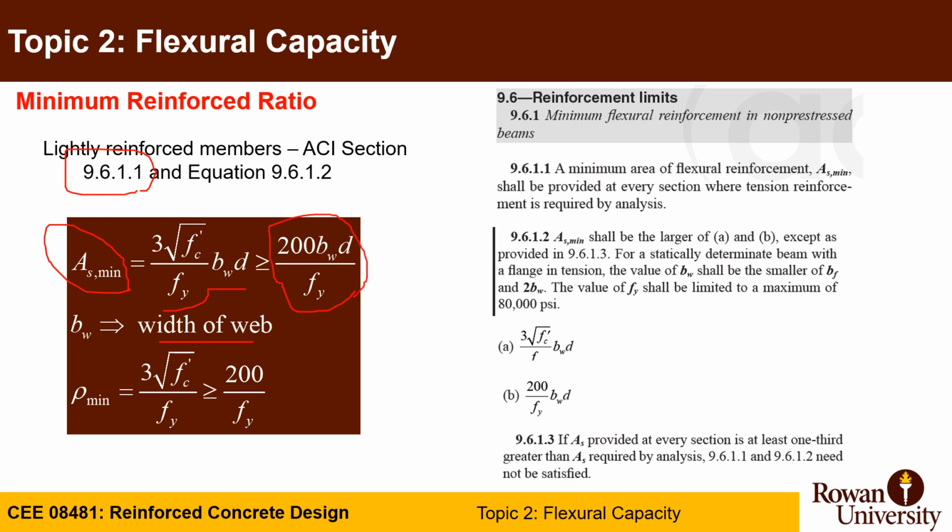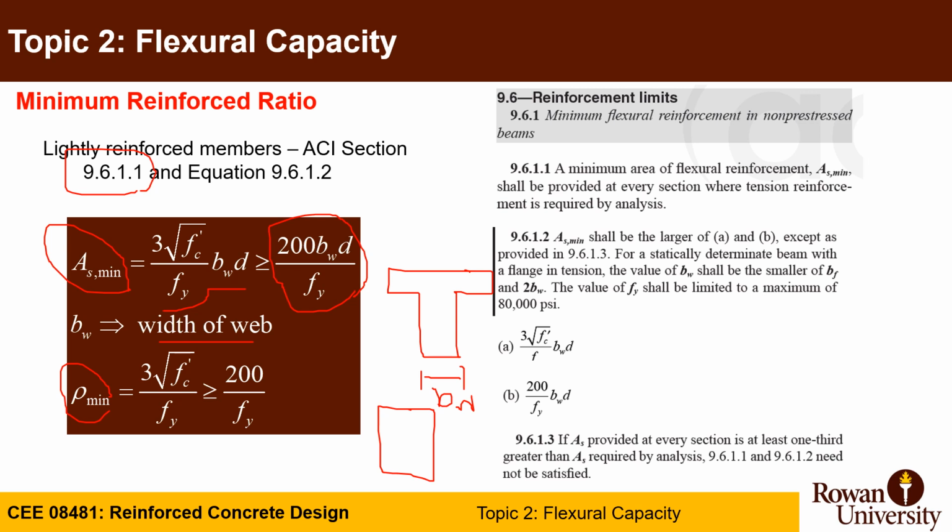bw actually is the width of the web because it also applies to T sections. So in a T section, this is the b web. In a rectangular section, b web is equal to b. Okay, and you can also divide As minimum by bw d, which is the ratio, to give you the reinforcing ratio rho minimum.